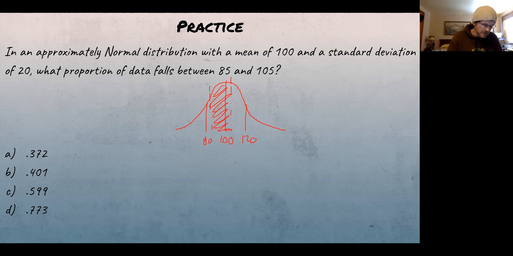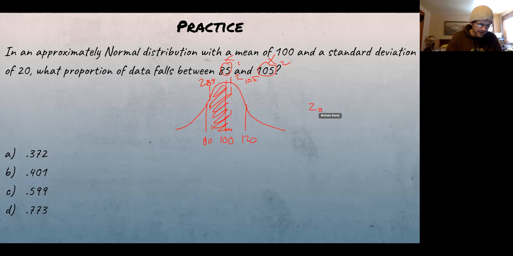So I need to get the z-score for 85. And I need to get a z-score for 105. Okay, and I have everything I need because 85 and 105 are my x's. And so I'll just say x sub 1, x sub 2. Anyways, I've got the mean and the standard deviation. So here we go.